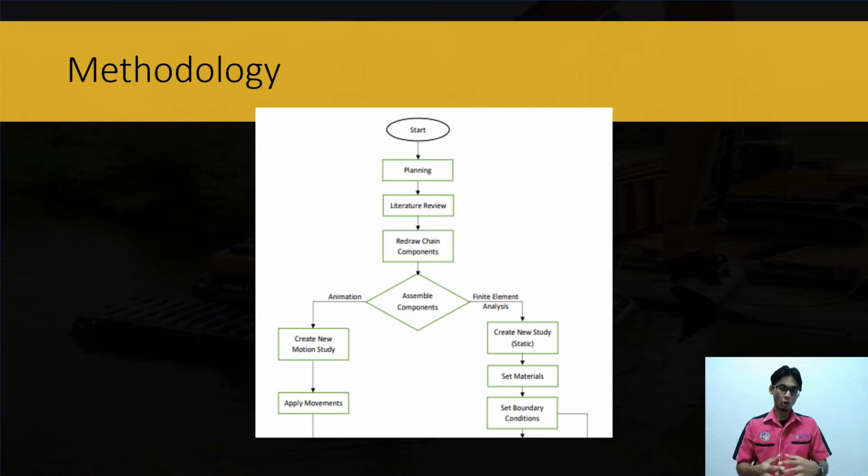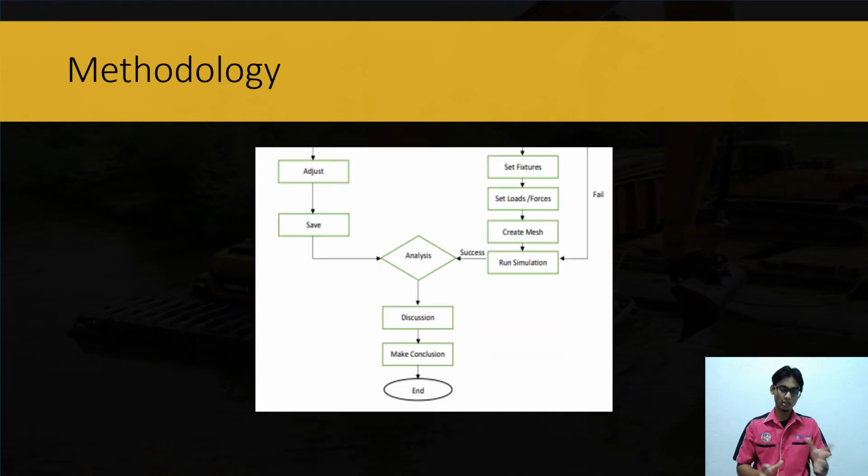After we assemble the components, we create a new study, which is a static analysis. We set the material, which is cast carbon steel. Then we set some boundary conditions. We set some fixtures, loads and forces and whatnot. Then before we run the simulation, we create the mesh, then we run the simulation.